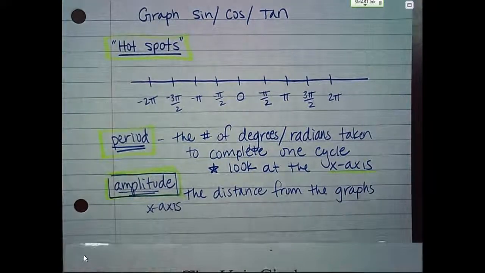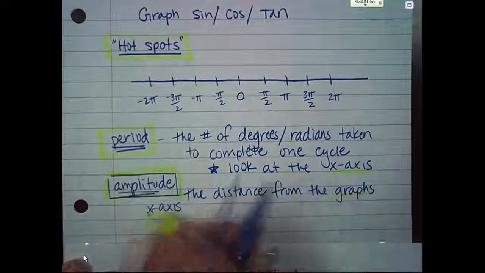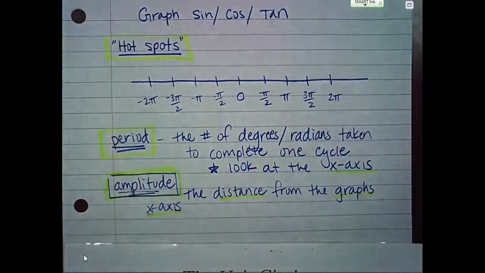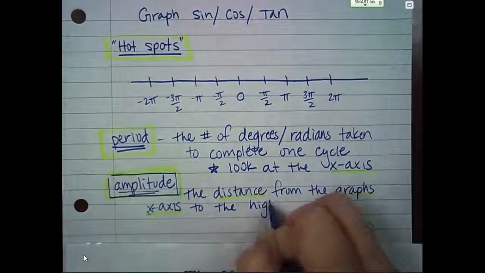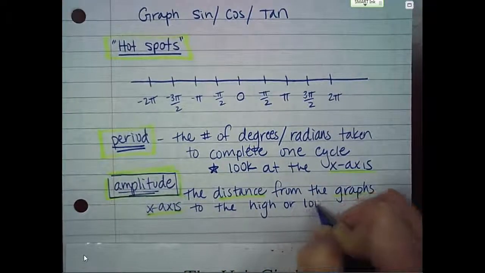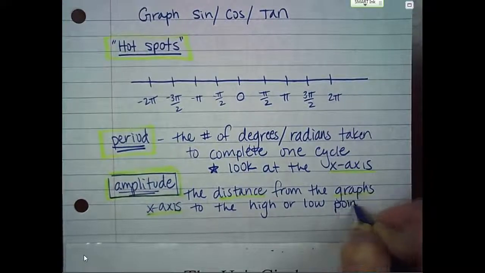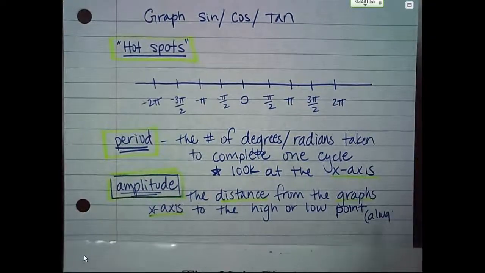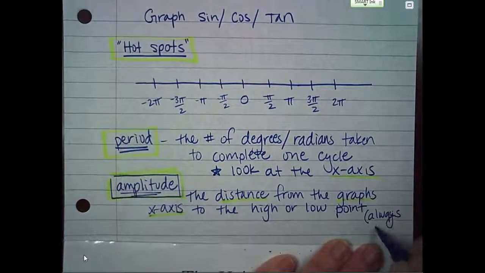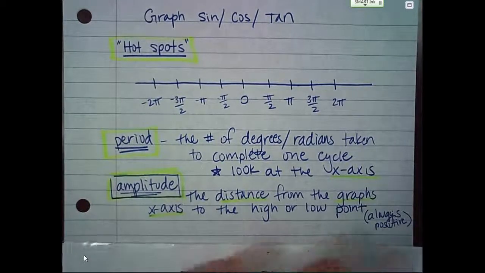That's important. From the graph's x-axis, the distance from the graph's x-axis to the higher low point. And it's always positive.